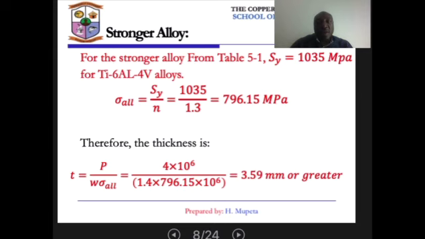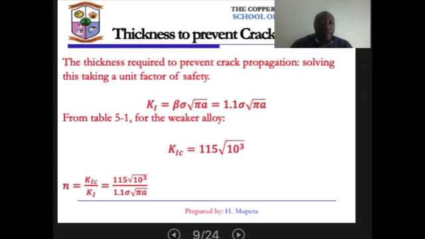Next, we need to find the thickness to prevent crack propagation. For the thickness required to prevent crack propagation, we are going to solve considering the factor of safety as unity. So the stress intensity factor, K_I, is given by the modification factor, beta, multiplied by the stress.